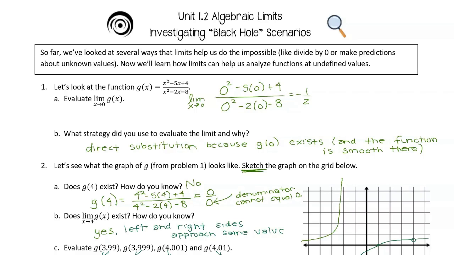And once we do all the calculations, we find that the limit as we approach 0 is going to be -1/2. This is called direct substitution. And we can do that because the function exists at g of 0. So that is one method to solving limits.